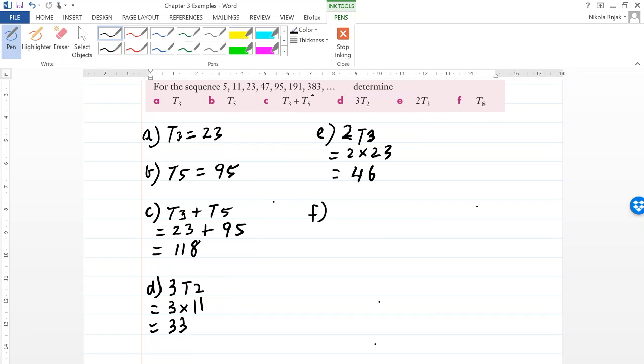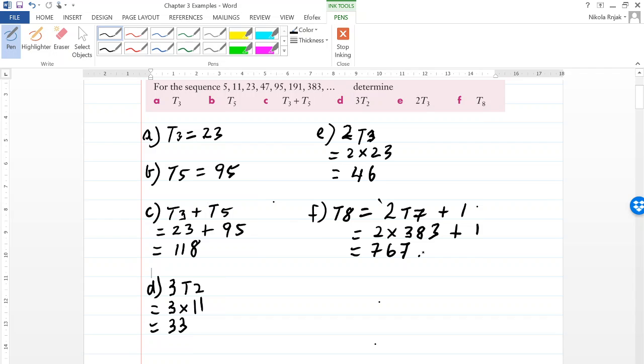So term 8 is just going to be whatever term 7 was, doubled, and add 1. In our case, it's going to be 2 times term 7, which is 383, plus 1. If we put this into our calculator, we're going to get 767.